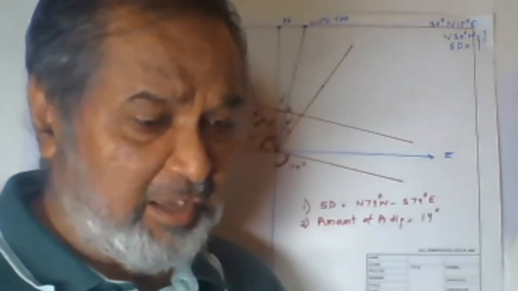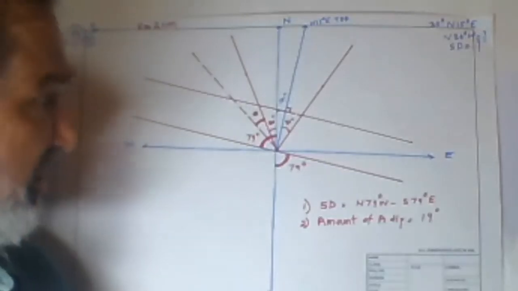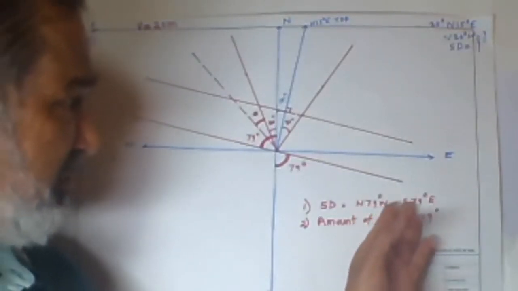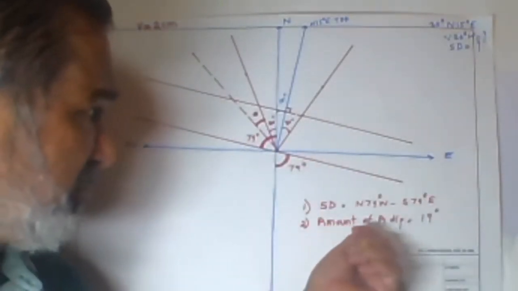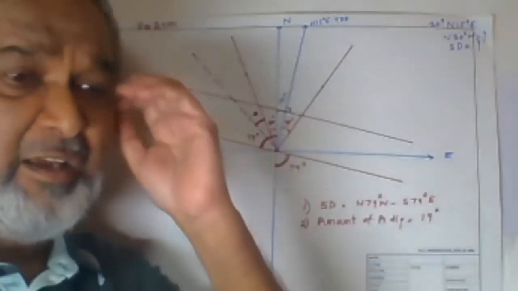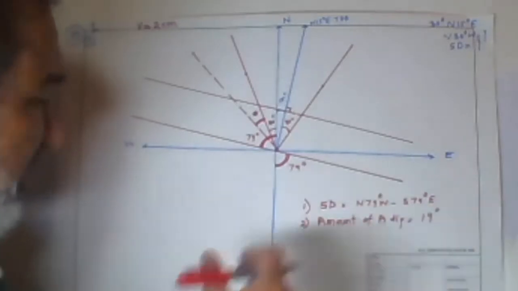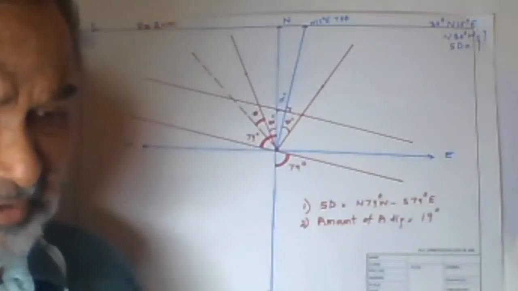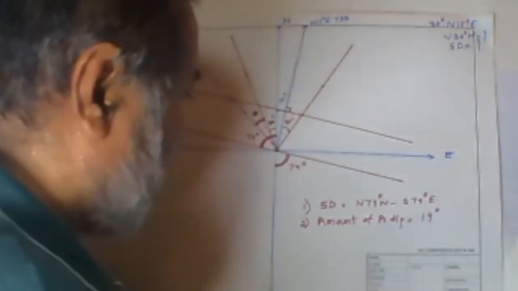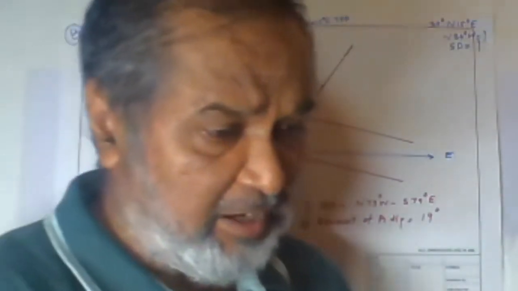So we are getting the strike direction north 79 degree west, south 79 degree east, and the amount of apparent dip is 19 degrees. Or if you want to give in this scale, then along north how much it is, we already took that 19 degree, but along this how much it is, you have to find out.